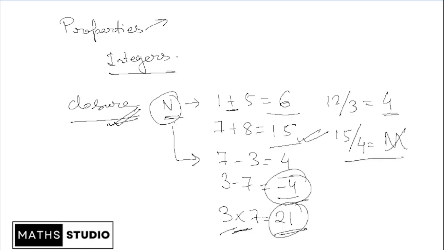Okay, so as we can see from the property for natural numbers, we are trying to understand the properties through natural numbers, and then we'll continue to whole numbers and integers. In class 8 you are going to do the closure property for rational numbers.